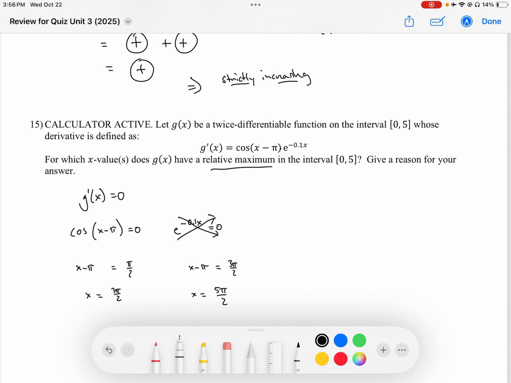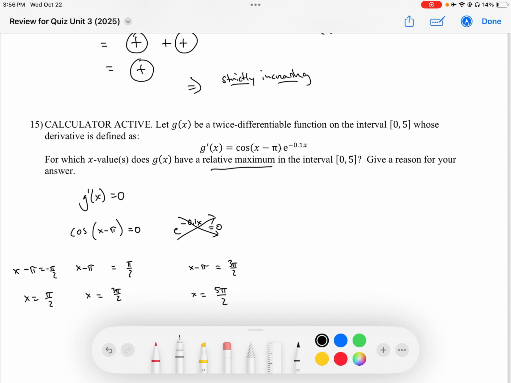We could also set x minus pi equal to negative pi halves, and that would give us the solution x equals pi halves. We're going to get the same solutions as if it were just cosine, because all we're doing is basically shifting this thing to the right by pi. So we're still going to get the same zeros.